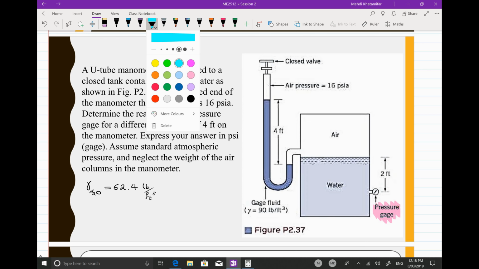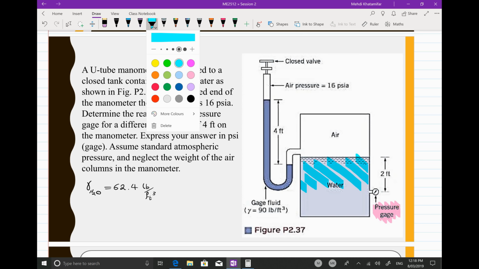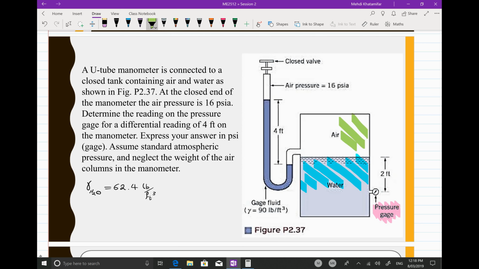It is going to be this part, which is 2 feet deep. What else? Also, I have air, which is going to have some pressure, and I don't know the pressure of that air, but it is going to influence the pressure gauge we have here. So 2 elements, water pressure and air pressure.